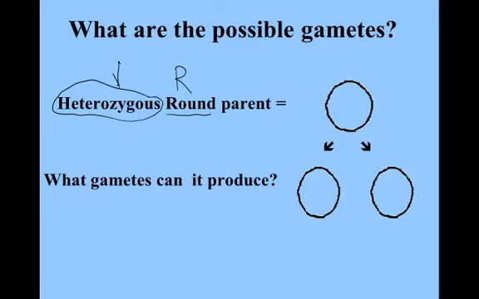That clue word tells me what letters to use in my parent. So big R for round, and if it's heterozygous, I also have to have a little r for wrinkly. I don't see it. I look round, but it's hiding in there. Round is going to be dominant over wrinkly. Heterozygous means I have 1 of each allele choice.